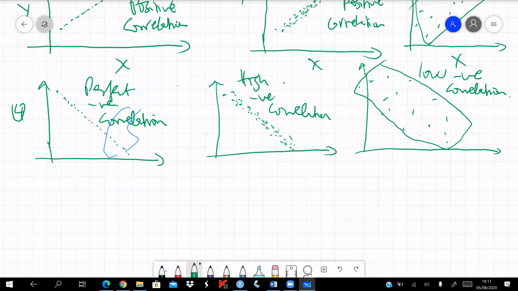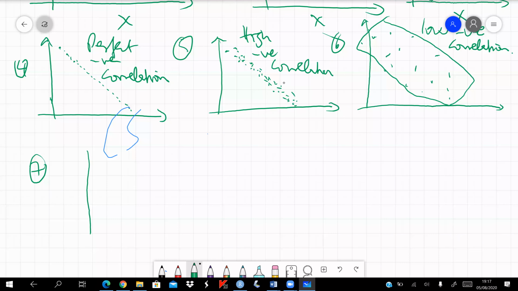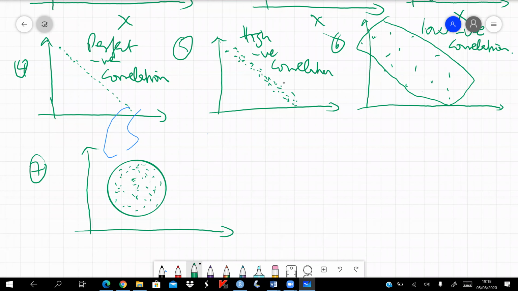This is number 5, number 6, number 7. You can plot the points and there is no evidence of positive or negative trend. Most of the cases you find that the points are forming a circular band of points. The points seem to form a circular band of points like that. Okay.